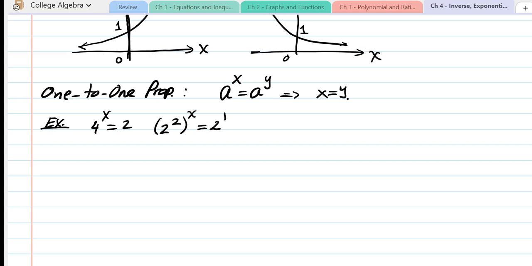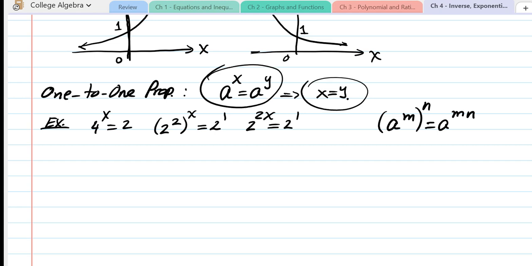Another property of exponents: if we have a to the m, to the power of n, remember, this is the power of a power rule we're going to apply. We can multiply the exponents, so m and n will multiply. Therefore, the left side becomes 2 to the 2x, and the right side remains 2 to the first. Now I can apply the principle of exponential equality to this one, right?